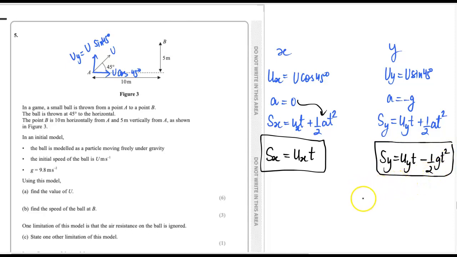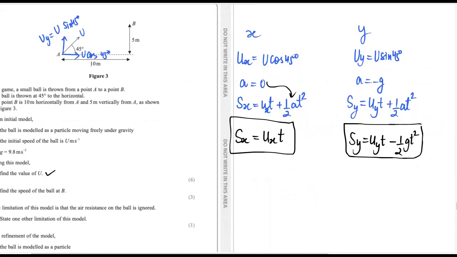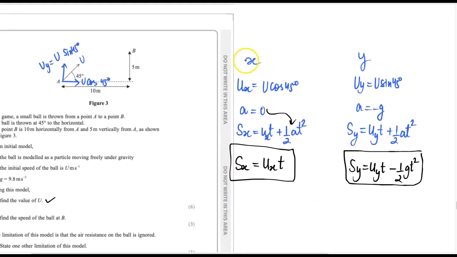Now let's start substituting values, because we have to find the value of u for 6 marks. Let's write Sx is 10 meters and Sy is 5 meters.